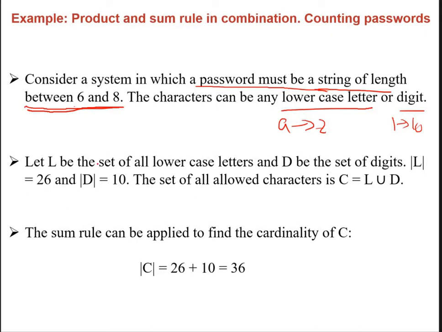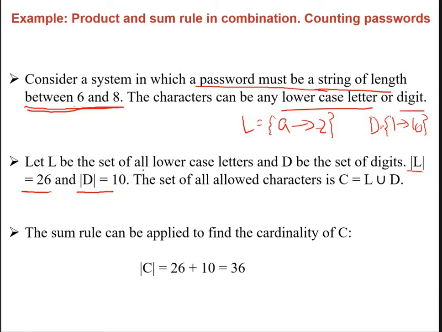So you have 2 sets: the letters and the digits. The cardinality of the set of letters is 26, and the cardinality of the set of digits is 10.